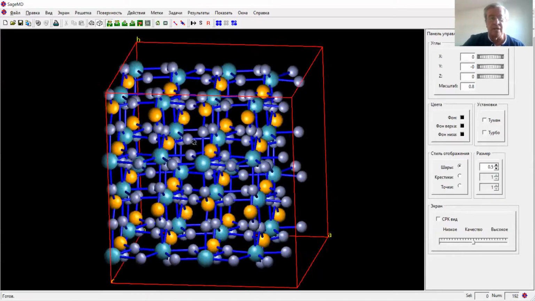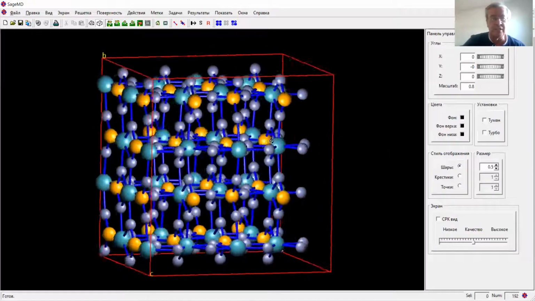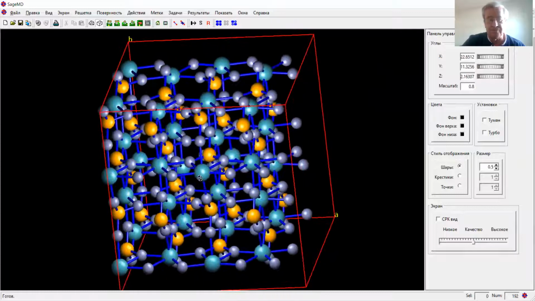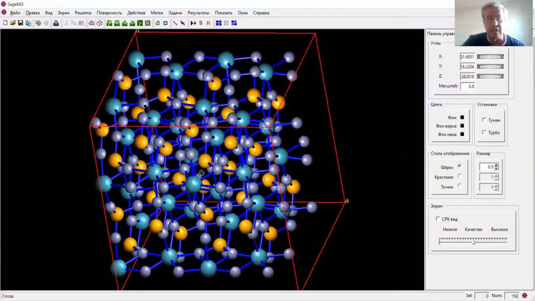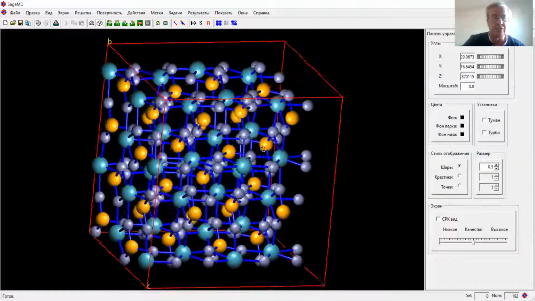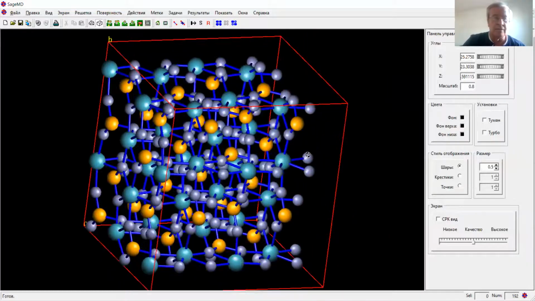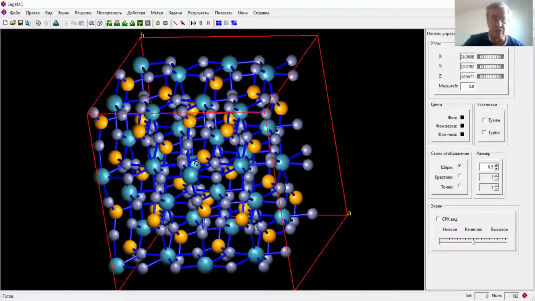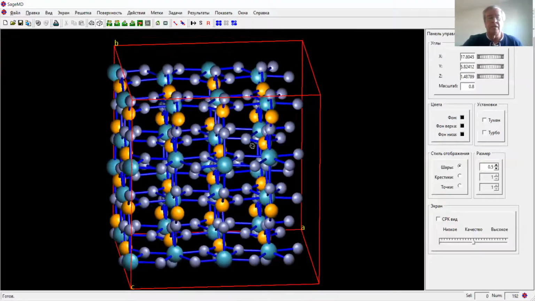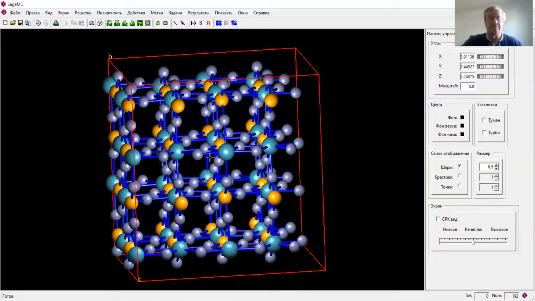Taking a look at the structure, we can see that the yellow silicon atoms are 4 coordinated. Each oxygen is 2 coordinated. Actually, some of them are 2, some of them 3 coordinated. And zirconium has 6 coordination.